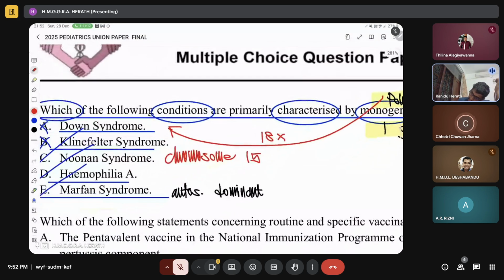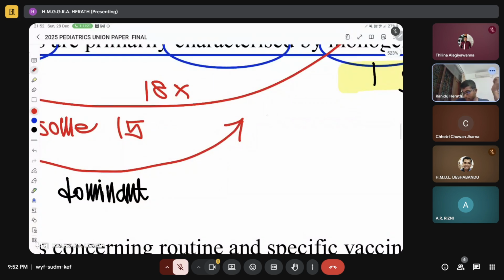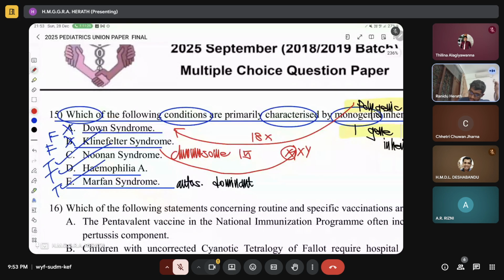In Klinefelter, there are many genes affected because of the increased inheritance of the X chromosome. However, in Noonan, hemophilia A, all these things, only one gene is problematic.